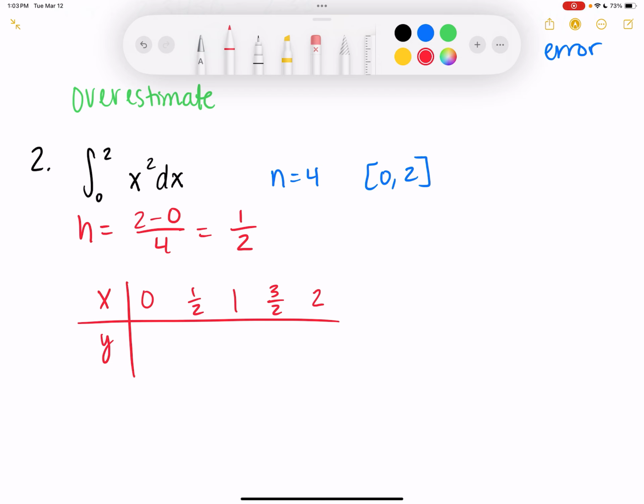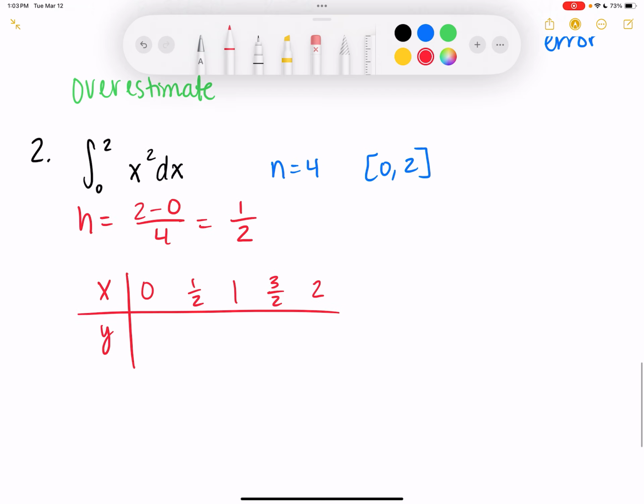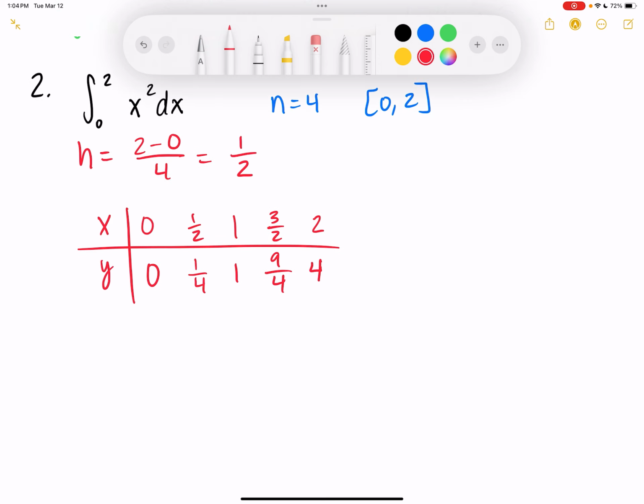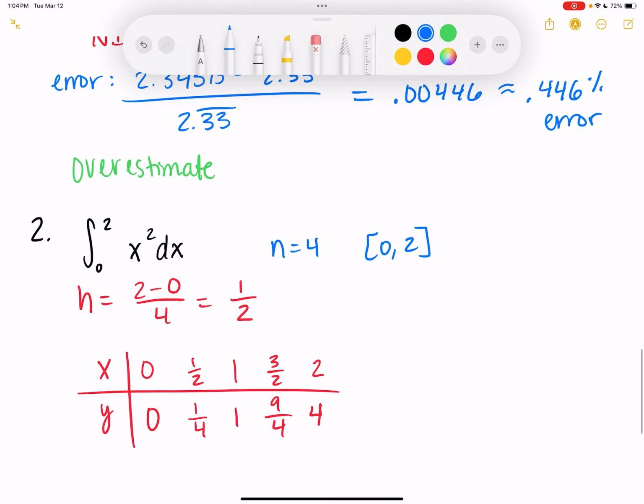So 0 squared is 0, 1/2 squared is 1/4, 1 squared is 1, 3/2 squared is 9/4, and 2 squared is 4. So now I've done in short what took that much space on the last problem. Now I just need to plug it into the trapezoidal rule.